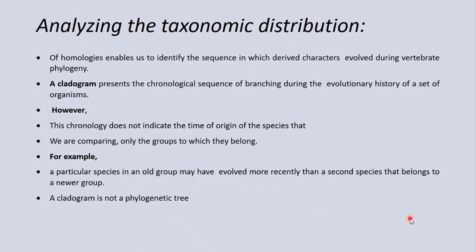So analyzing the taxonomic distribution of homologies enables us to identify the sequence in which the derived characteristics evolved during vertebrate phylogeny.